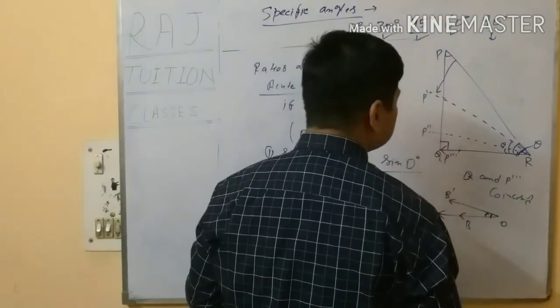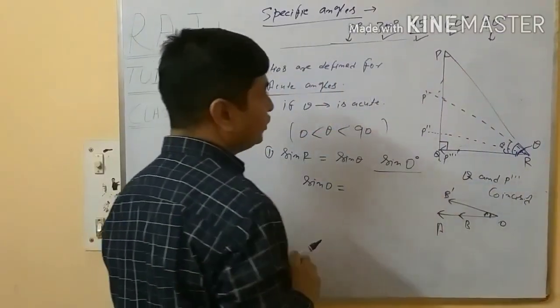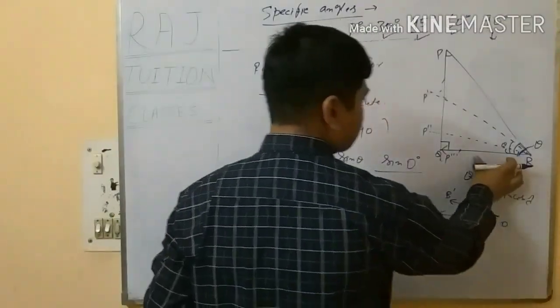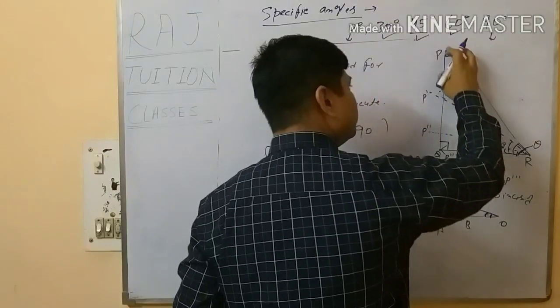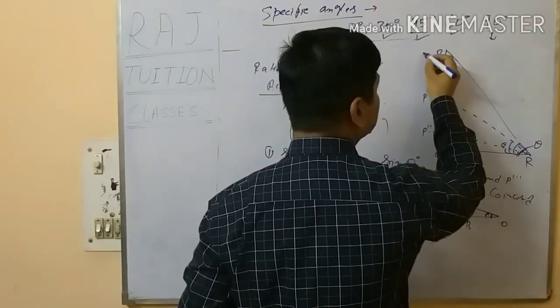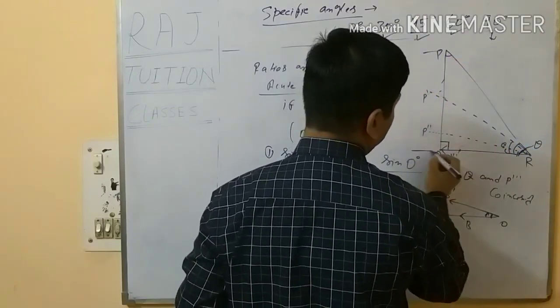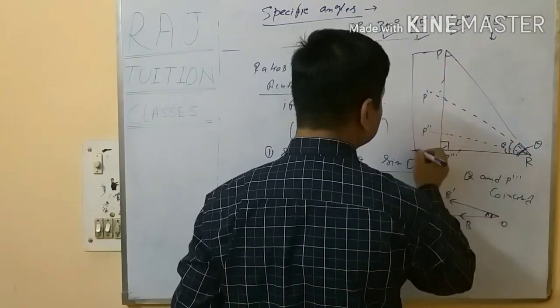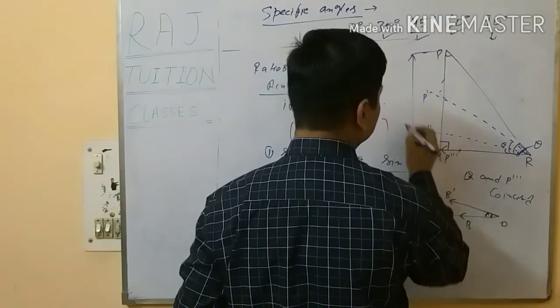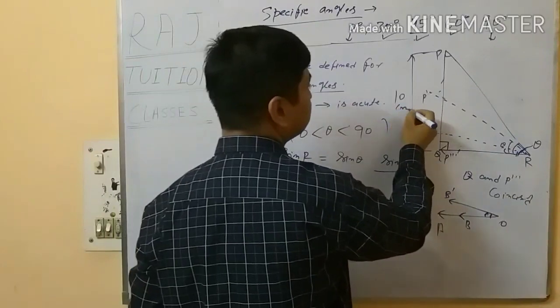So what's happening here? We have to focus our attention on one more thing. When I reduce the value of angle theta, the value of the side opposite to theta is decreasing. This was the initial length of the side. Let's arbitrarily take it 10 centimeters.